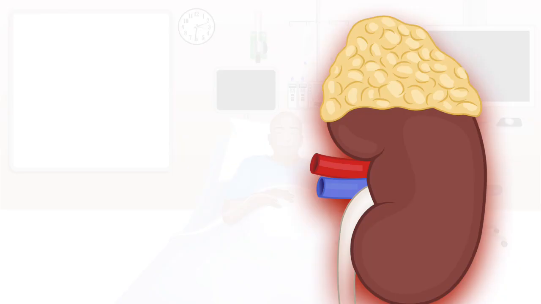So now, how do you assess acute kidney injury, whether in patients with cirrhosis or without cirrhosis? Keep this in mind. For the kidney to function, we need renal blood flow.